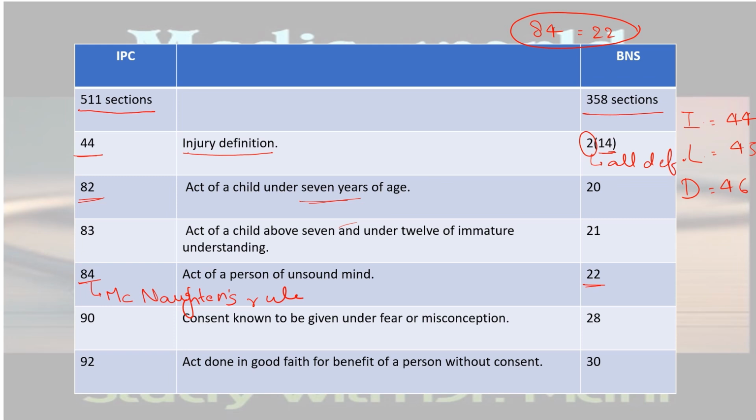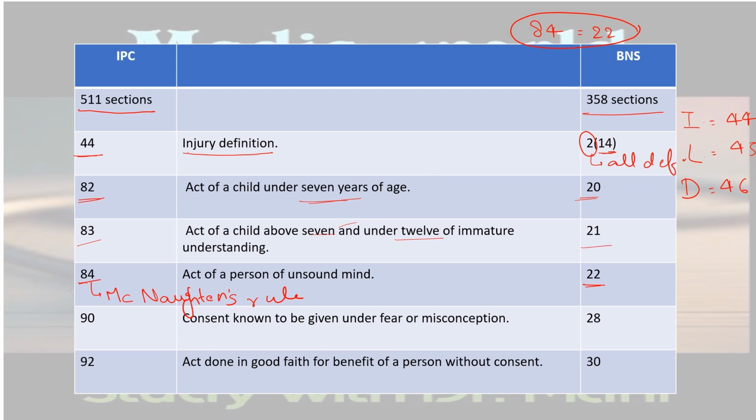So minus 2 is 82, so 22 minus 2 is 20. We can learn it by this. 83 we know, above 7 years and below 12 years. The liability depends on the maturity of the mind of the child. So it is 84 minus 1, 22 minus 1, 21.